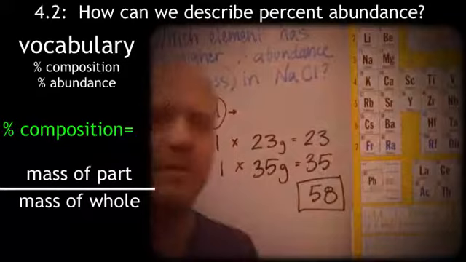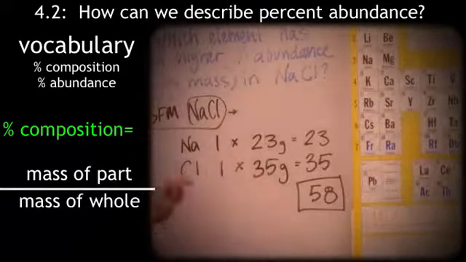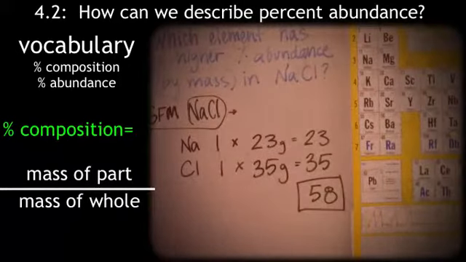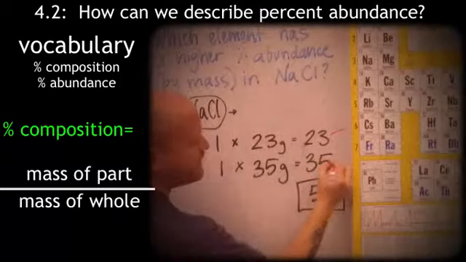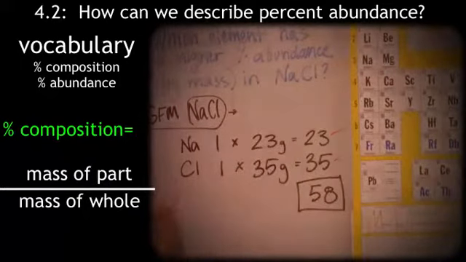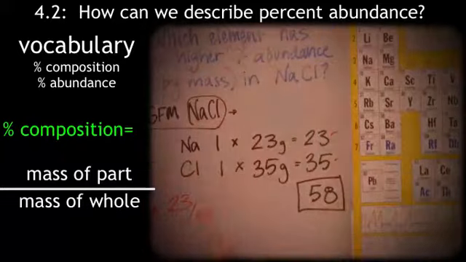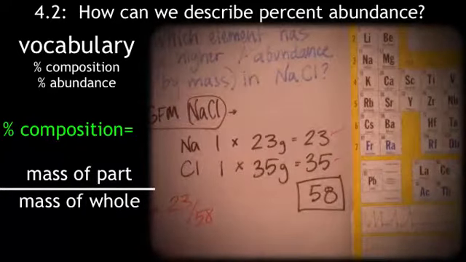Now we've got to figure out which one has a higher percent composition or percent abundance in this fraction. So we're going to do mass of the part over mass of the whole. This is part 1, this is part 2. Sodium is 23 over 58, and chlorine is 35 over 58.